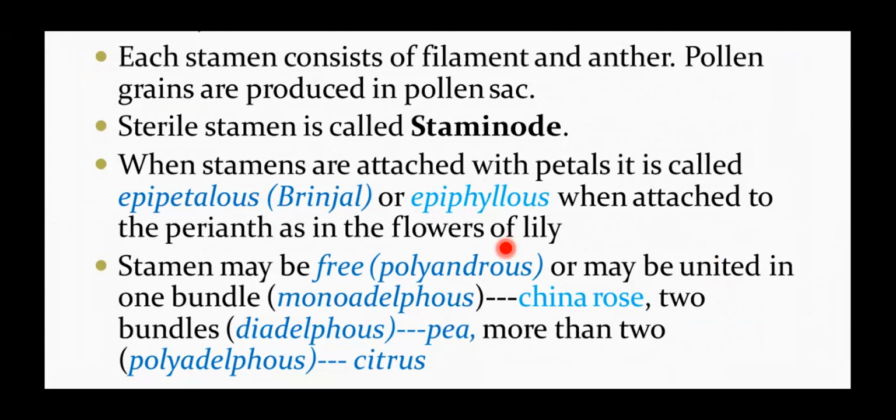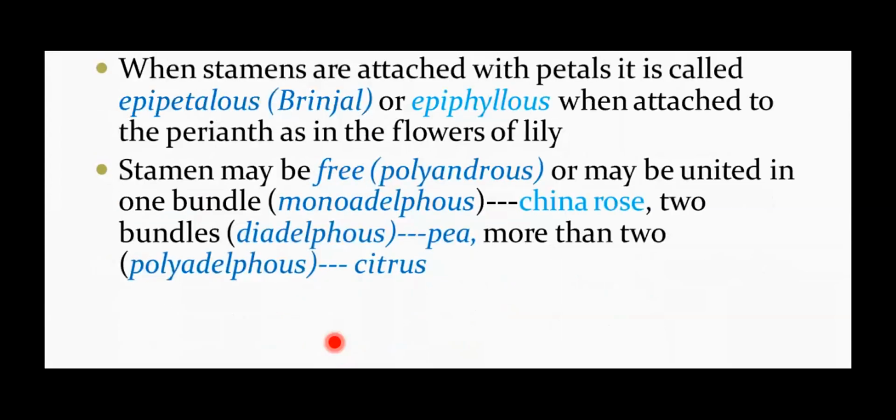The stamens may be free, the condition referred to as polyandrous, or the stamens may be united into one bundle. The condition is said to be monoadelphous, as you find in case of China rose. When they are arranged in the form of two bundles, it is called diadelphous, as you find in case of pea.